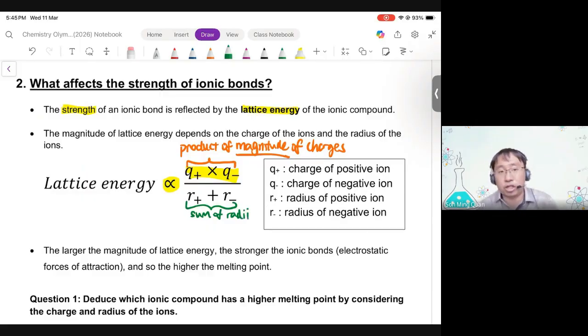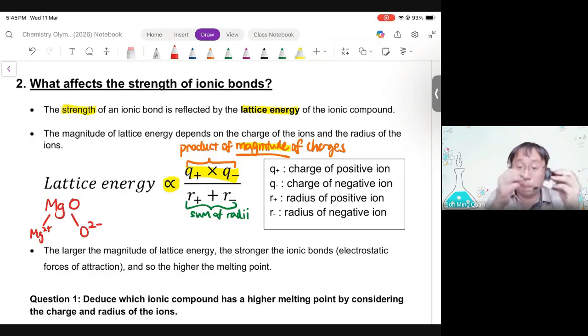Okay, so the charge you multiply together, but the keyword here is magnitude. Why do I stress magnitude? I stress magnitude because if it's MgO, O2 minus Mg2 plus, the charge is 2 plus and 2 minus, right?